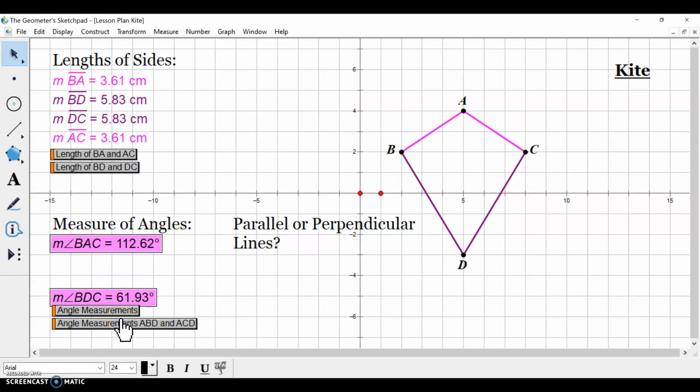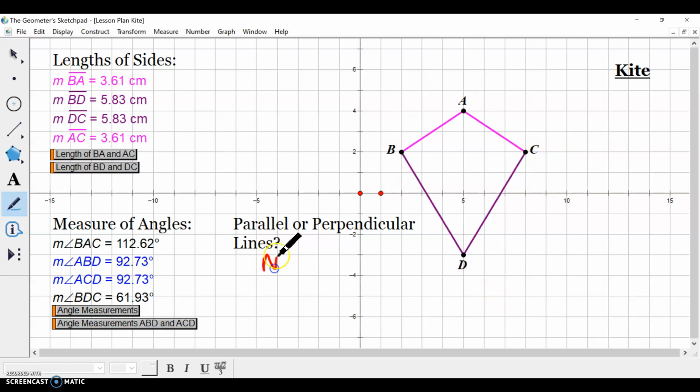And when we find the measure of the angles, angle B and angle C, the ones opposite each other, have the same measure. And from looking at the drawing here, we can see that there are no parallel or perpendicular lines.